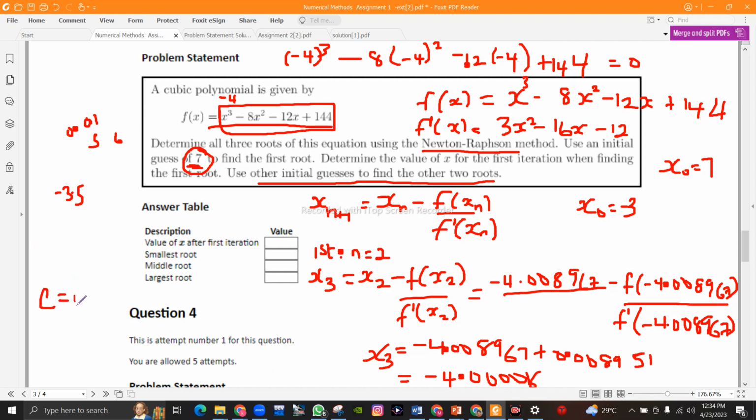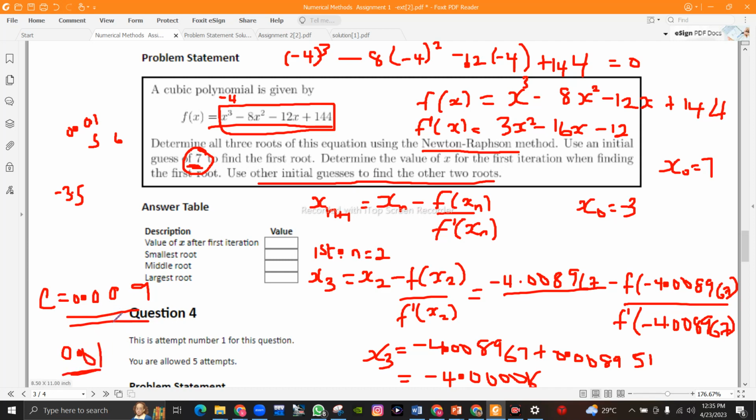How did I get that? That's the new value we have minus the previous value. So minus 4.000016 minus this, that will be this minus this plus 4. So you are going to get 0.009, which is agreeably small. That's like an error of 0.01. So you can stop there.